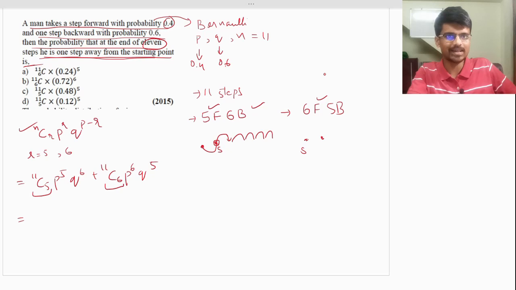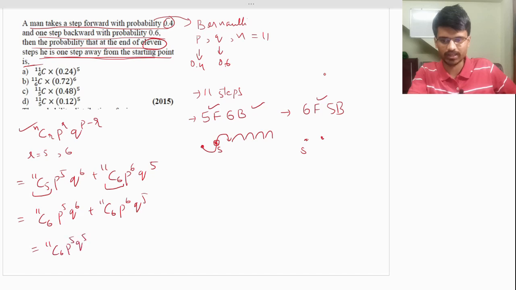Because nCr is equal to nC(n minus r). So I can write this as 11C6 p power 5 q power 6 plus 11C6 p power 6 q power 5. I can take common 11C6 and p power 5 q power 5. What do I get? pq(p plus q).